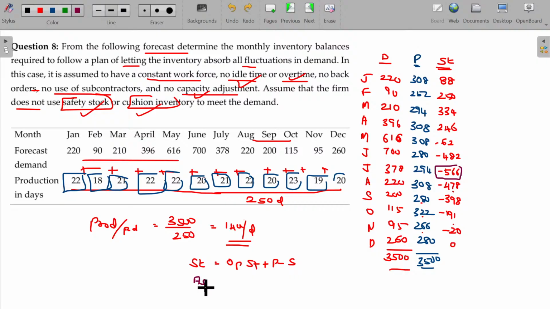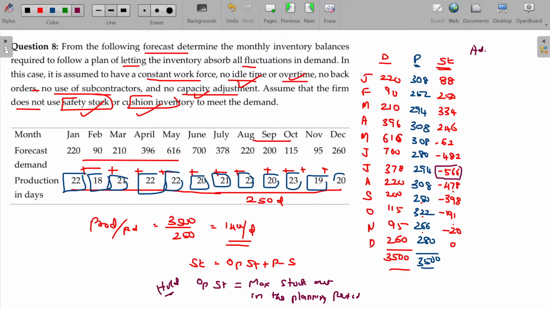Assume or hold the opening stock equivalent to the maximum stock out in the planning period. As you estimated, in July we will be facing the maximum stock out being 566. So you plan to have the opening stock to that extent of 566 on day one itself.